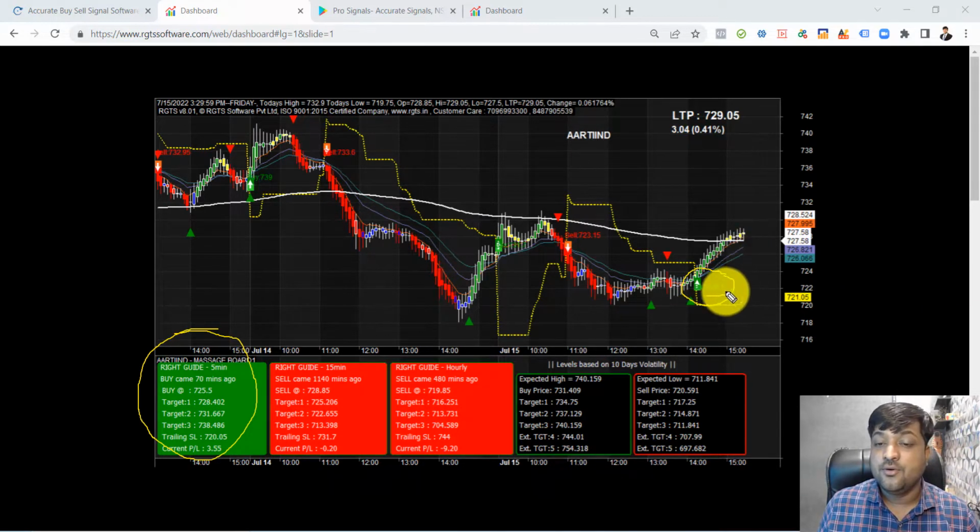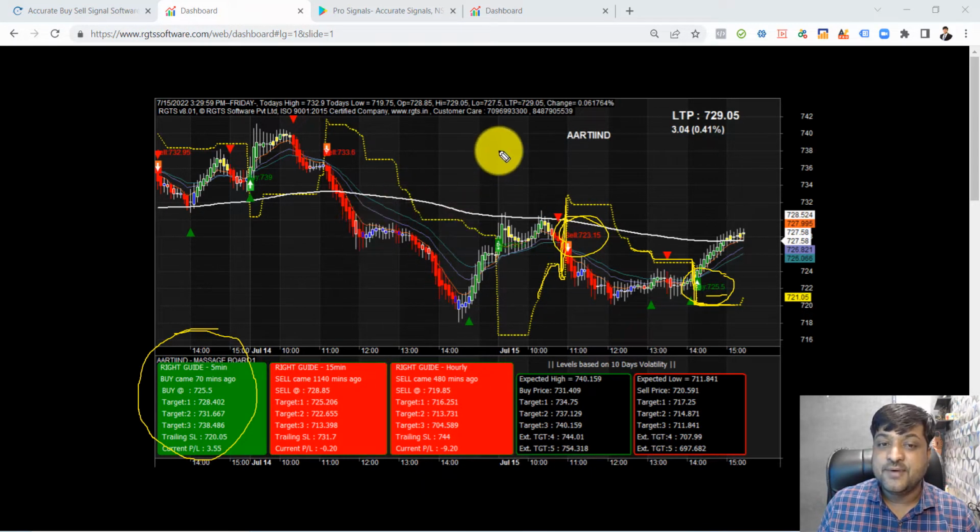So first we come to the buy and sell signals. Whenever the yellow dotted line, meaning your stop loss, crosses the candle from above to below, you get the buy signal. Okay. And whenever the candle closes below the yellow dotted line, meaning the yellow dotted line is above the candle, you get a sell signal.